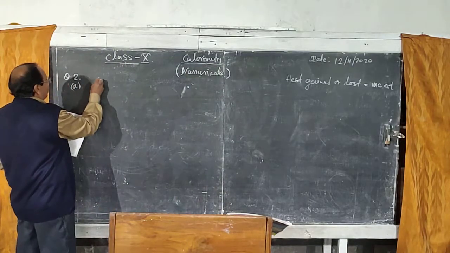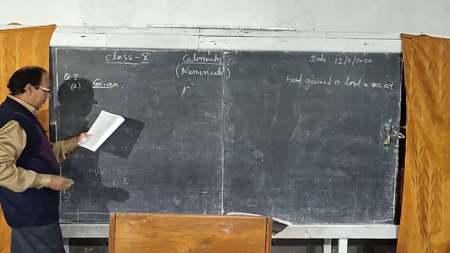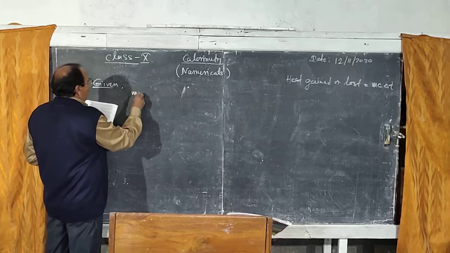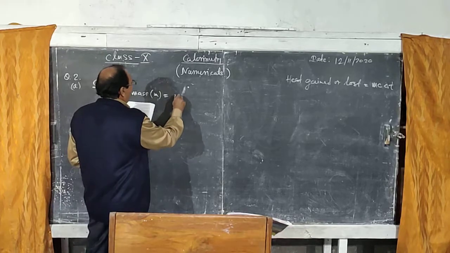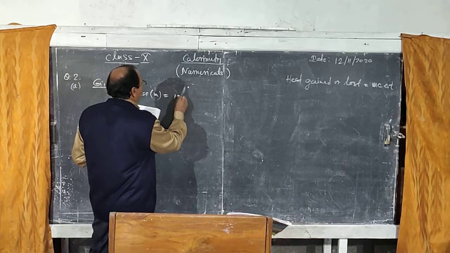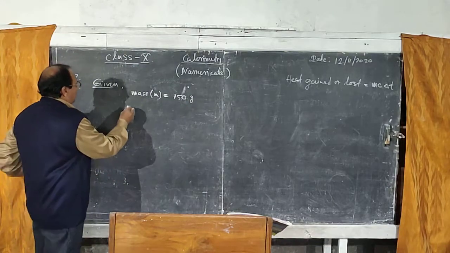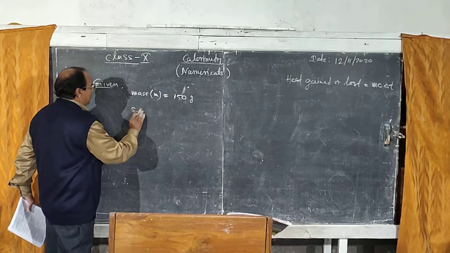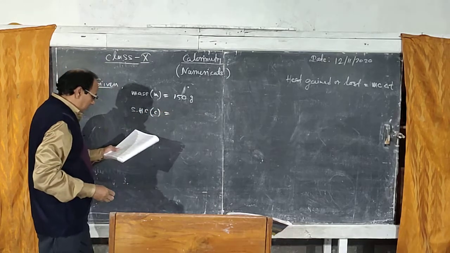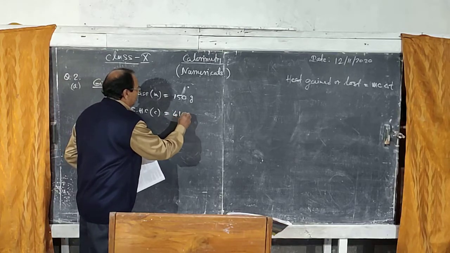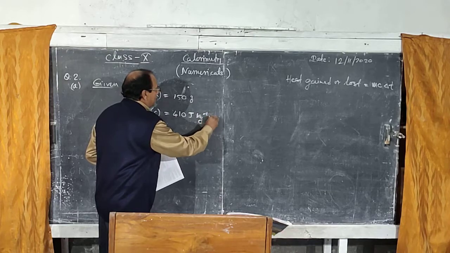Let me write here. Given: mass m is equal to 150 gram, and specific heat capacity, SHC, normally written as small c, is equal to 410 joule kg inverse Kelvin inverse.